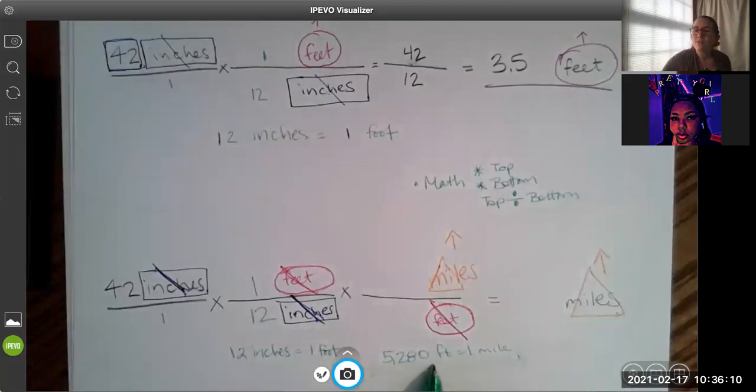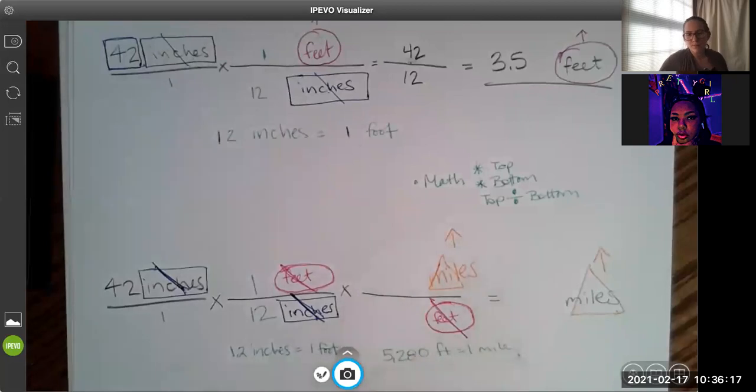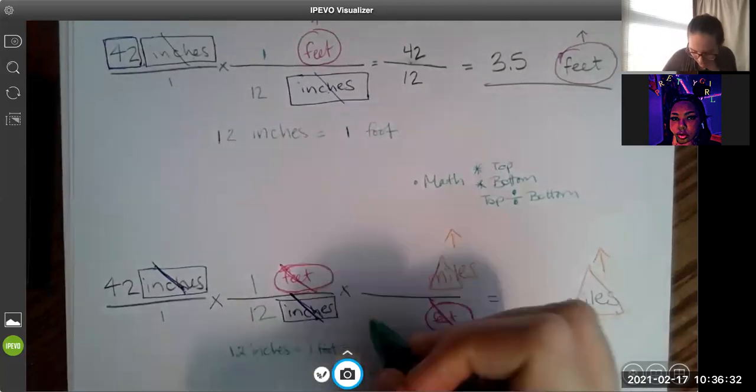The feet. Nice. And then this conversion factor up here, will that go on the top or on the bottom? The bottom. Yes. How did you know? Because it says feet. Yep, that's exactly how to do it. It says feet, so you're going to put the number that goes with feet.